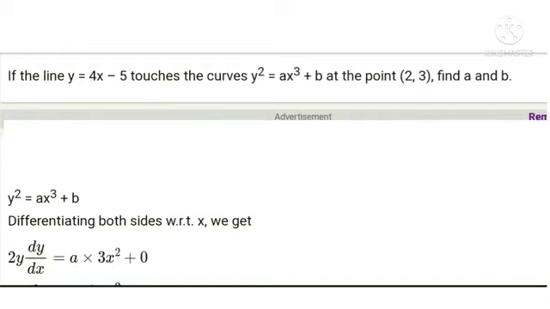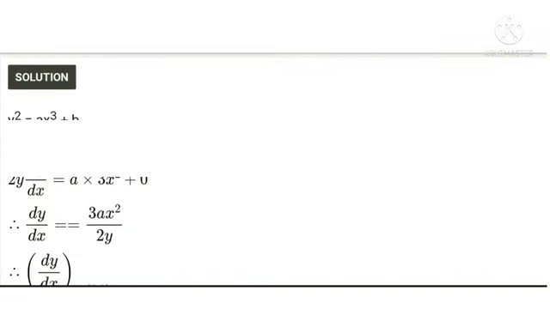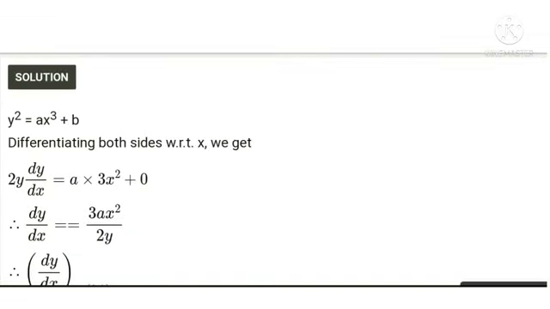So you first write the curve and differentiate. Derivative of y square is 2y into dy by dx. Derivative of ax cube is a into 3x square. Derivative of b is 0. You find dy by dx is equal to 3ax square upon 2y.